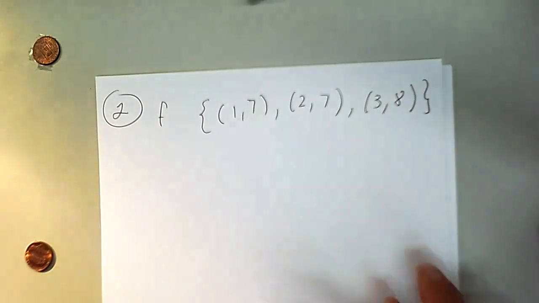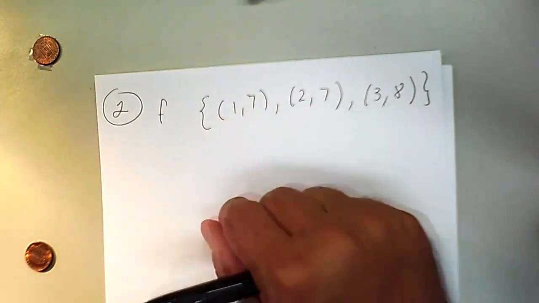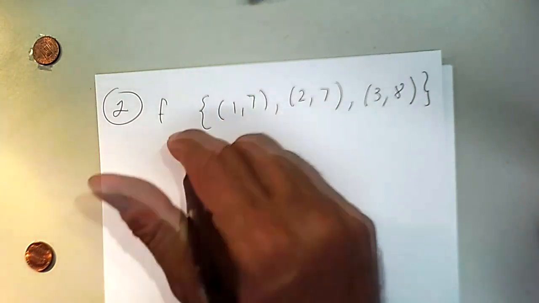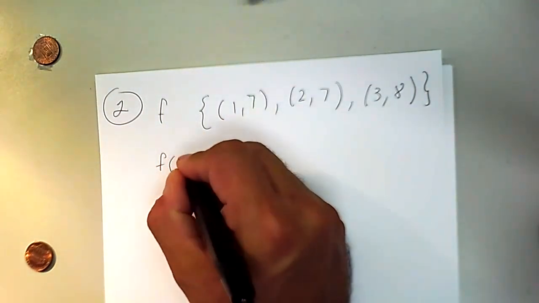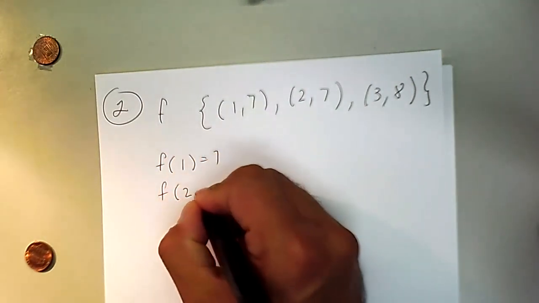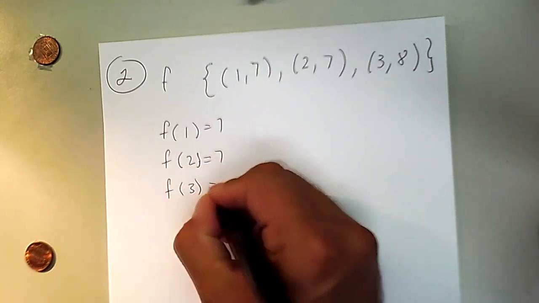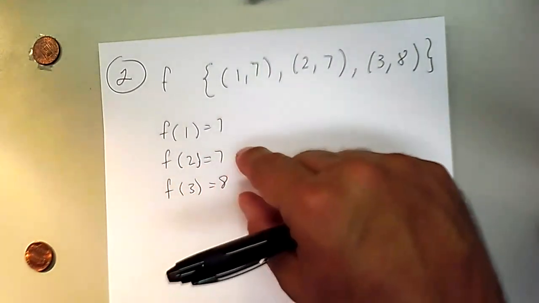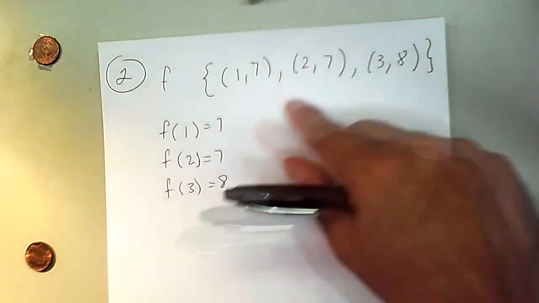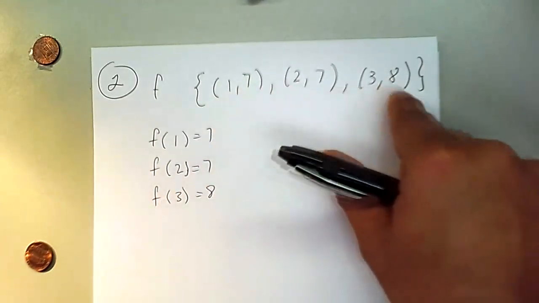That's a simple function. It has 3 inputs, 1, 2, 3, and 2 outputs, 7 and 8 only. So what this is telling us is that f of 1 is 7, f of 2 is also 7, that's not a problem, and f of 3 equals 8. And there's no formula. I'm just spelling out input, output, input, output, input, output. Okay?